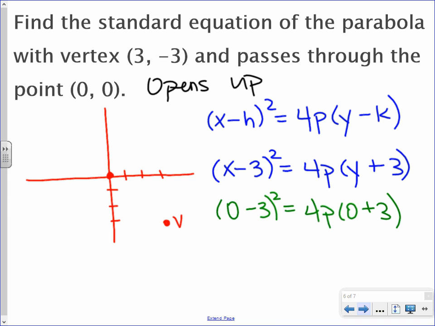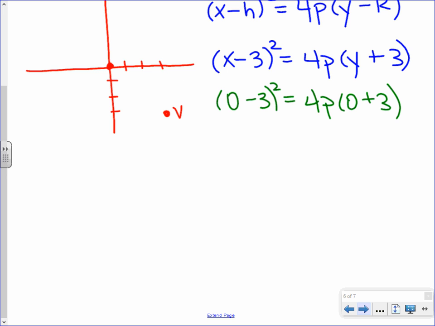It should make a true statement, which means we can solve here for p. So we have 9 equals 12p. Do you agree with that? Yes, I agree. So p is 3/4.